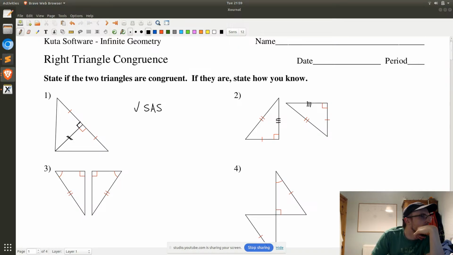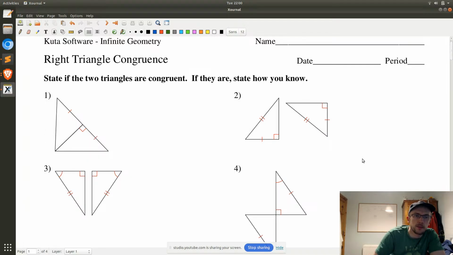Of course, I know what a hypotenuse and a leg is on a right triangle, but I kind of took this knowledge as intuitive or just sort of automatic. Hypotenuse leg, hypotenuse angle, leg leg, leg angle. All right, we'll give it a shot. Okay, all right, okay.